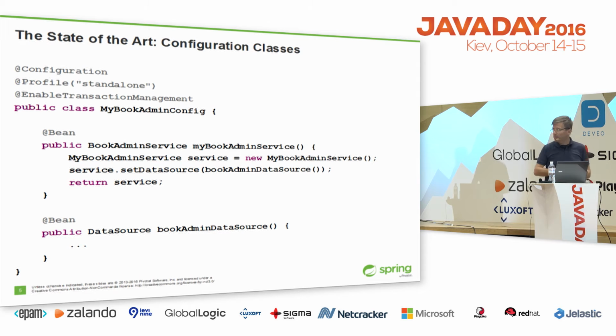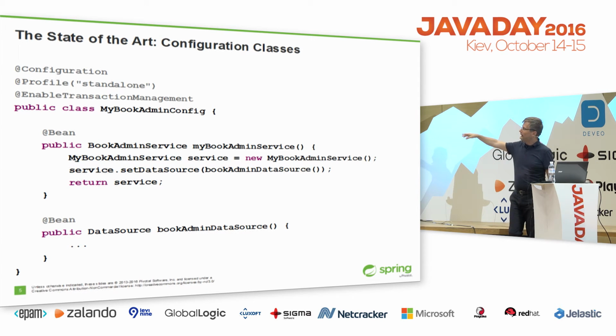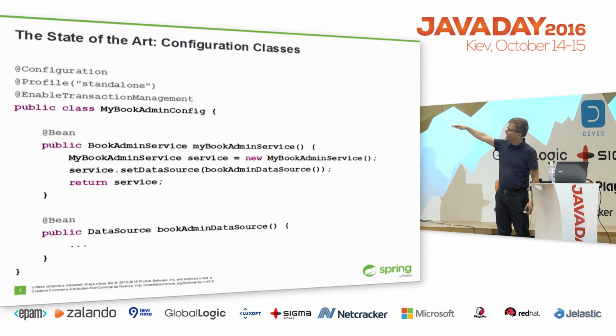And some of the specific behavior is hinted at here. Our myBookAdmin service factory method actually has a setDataSource call pointing to another @Bean method within the same class. It says bookAdminDataSource, looks like a regular method call, pointing to that other method down below.